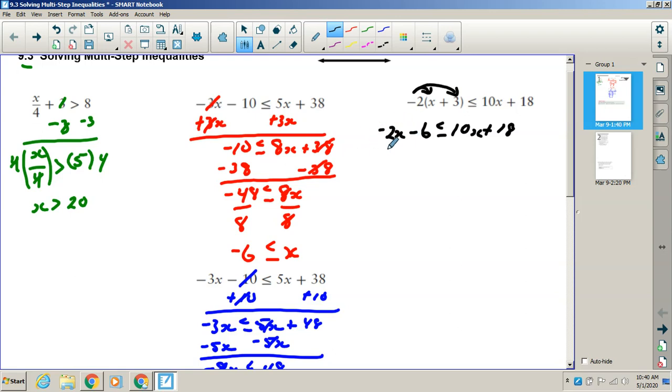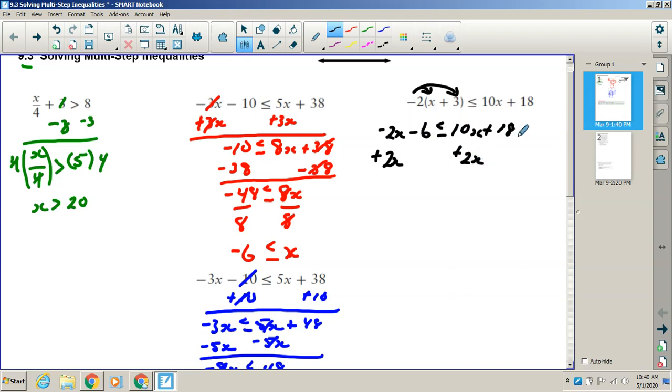Nothing left to simplify on the left side, nothing left to simplify on the right-hand side, so now I can start moving terms around to get all my x's to one side, all my numbers to the other side. Personal preference again. I'm going to start by moving the negative 2x by opposite operations. I'm going to add 2x to both sides. Now, I didn't have to start there.